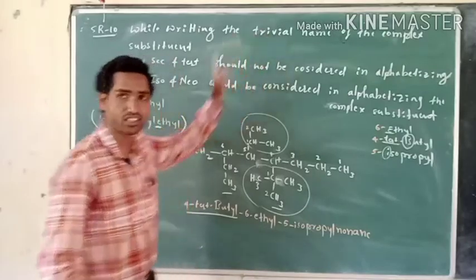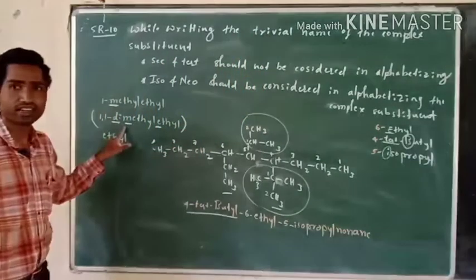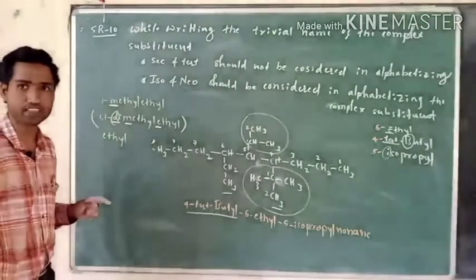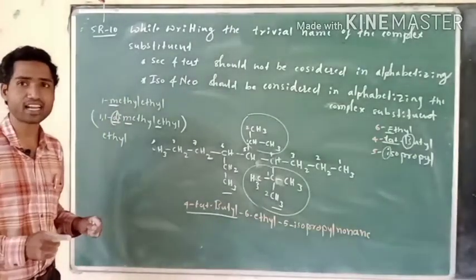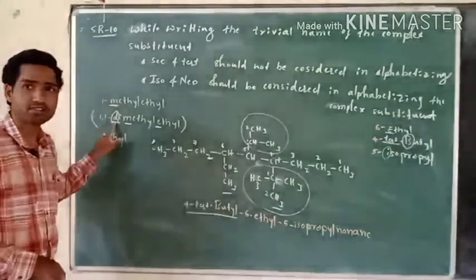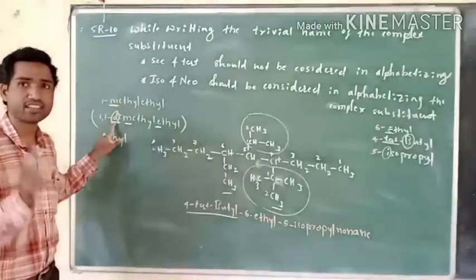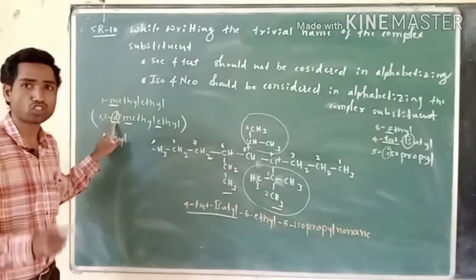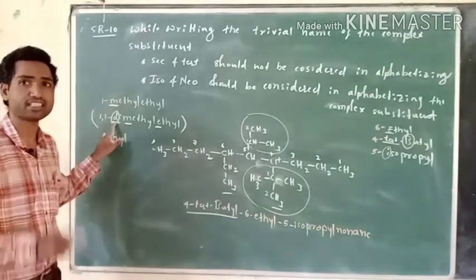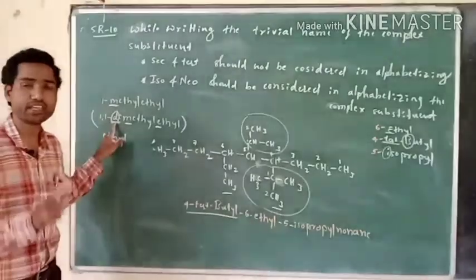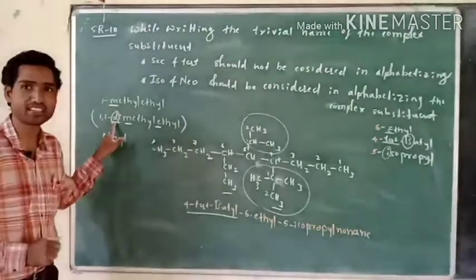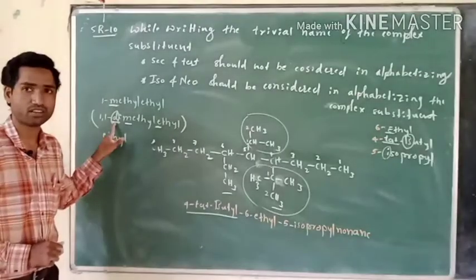So I have to consider this D as the first letter. Di, tri, tetra should be considered in alphabetizing the complex substituents. That is not true for simple substituents. In simple substituents, we have to ignore di, tri, tetra in alphabetizing the names.